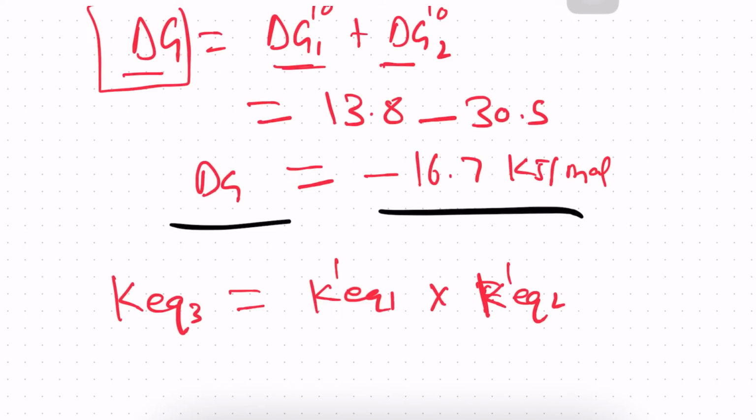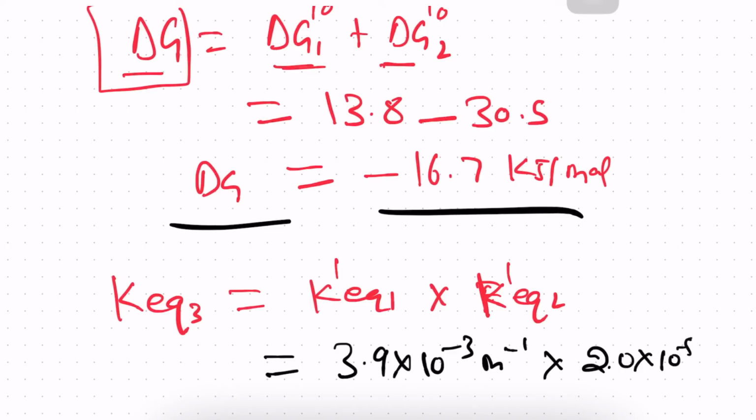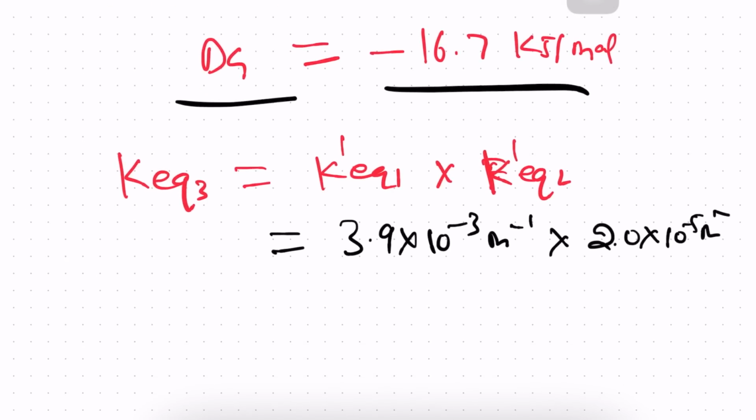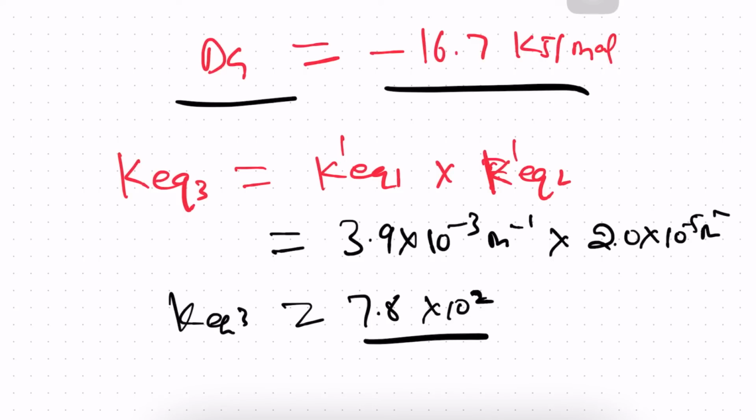For the first reaction it is 3.9 into 10 to the power minus 3 per molar, and then 2 into 10 to the power 5 molar. If you calculate, it comes out to 7.8 into 10 to the power 2.